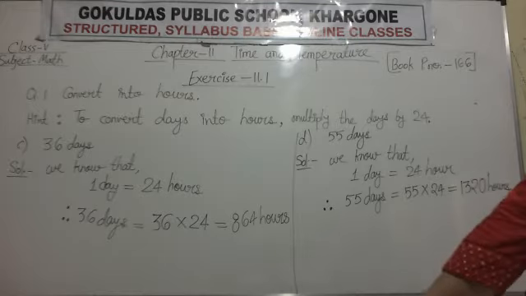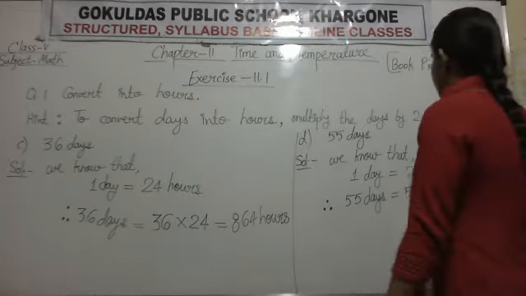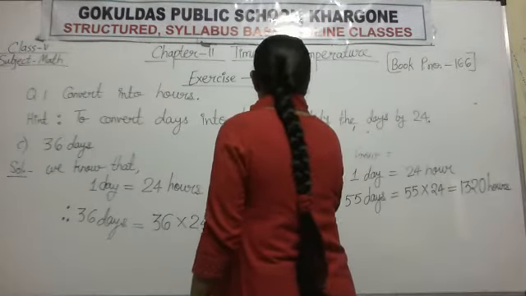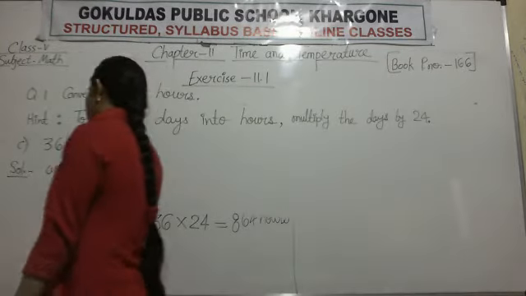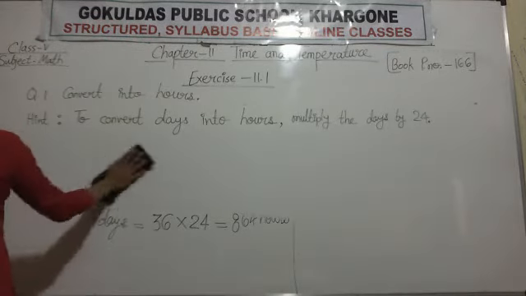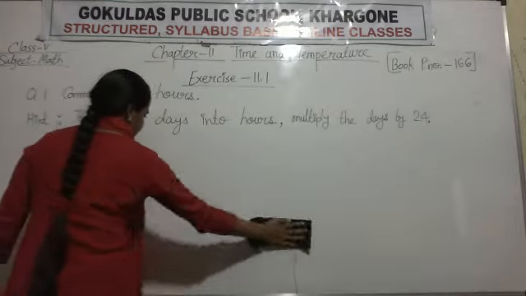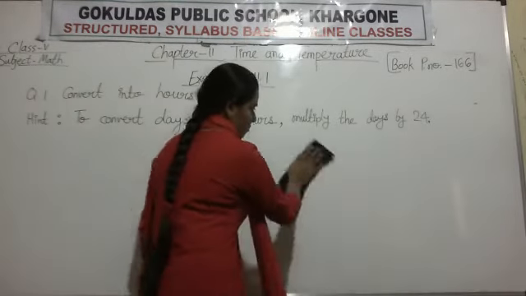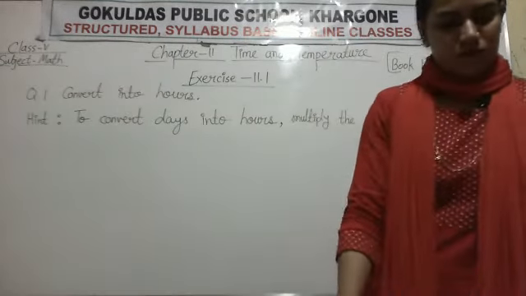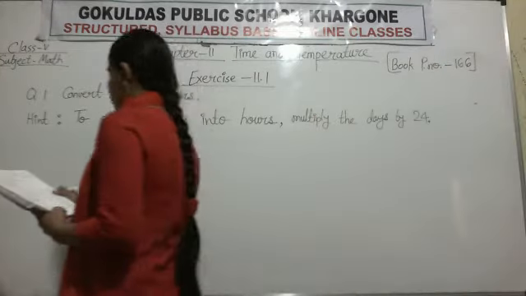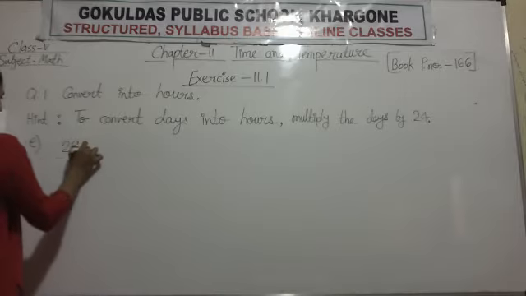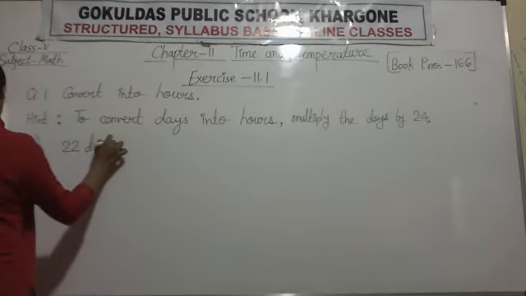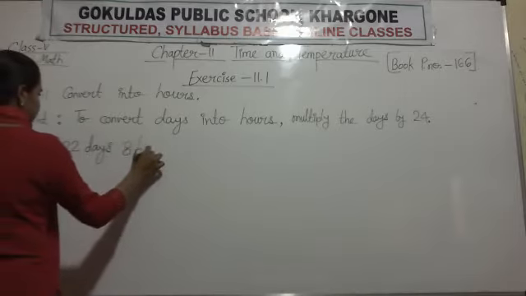Okay, let us do the next question, that is question number E. Question number E is, how many days are given? 22 days, 8 hours.